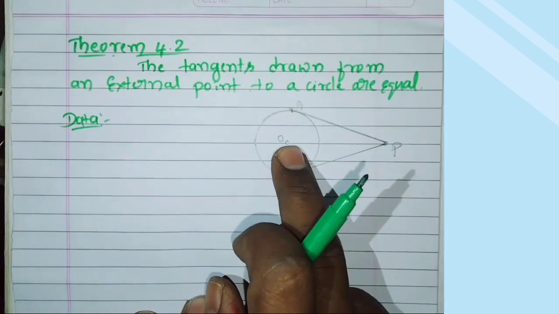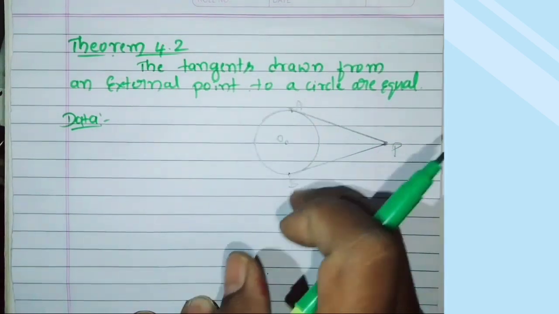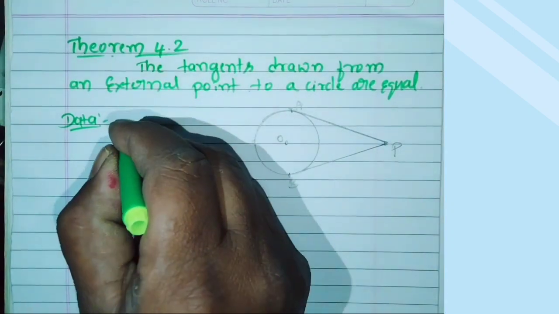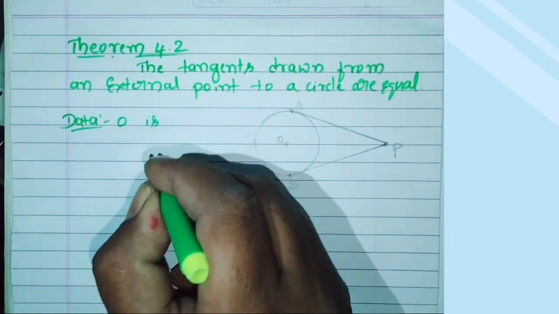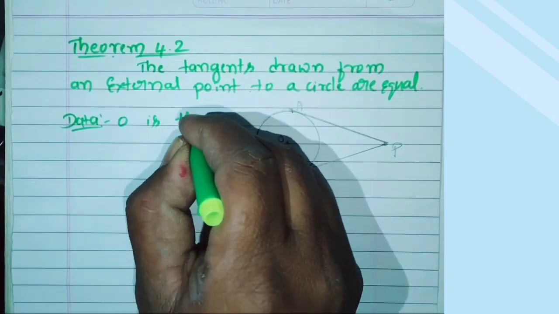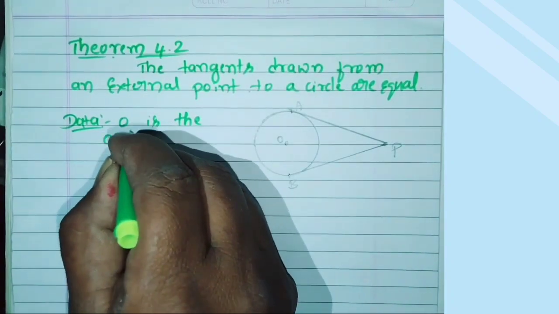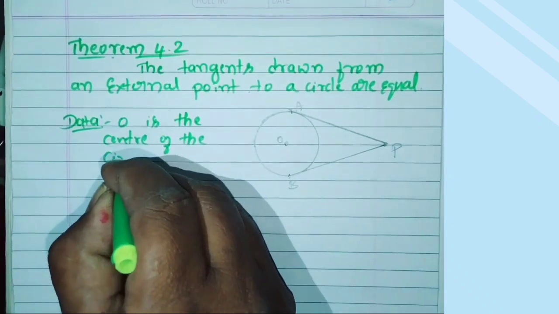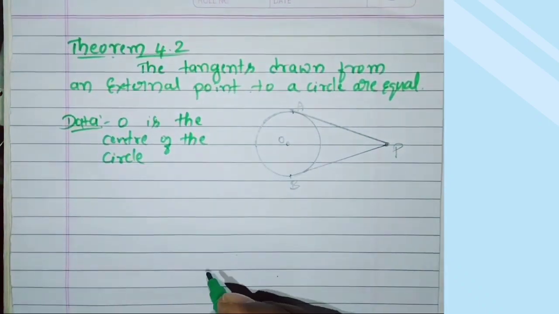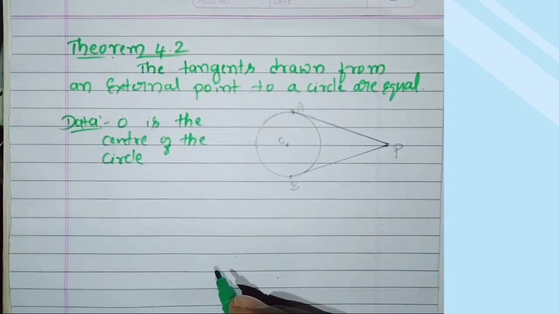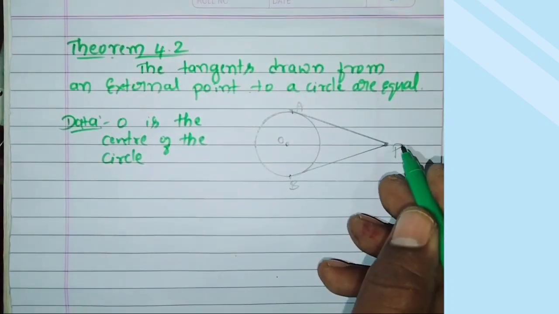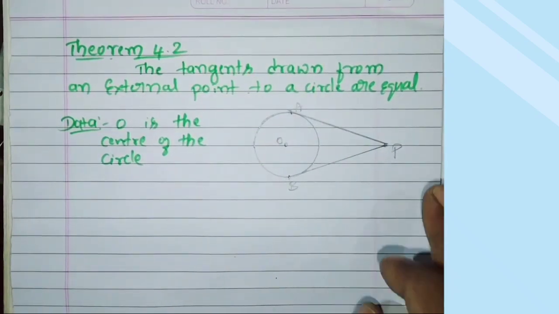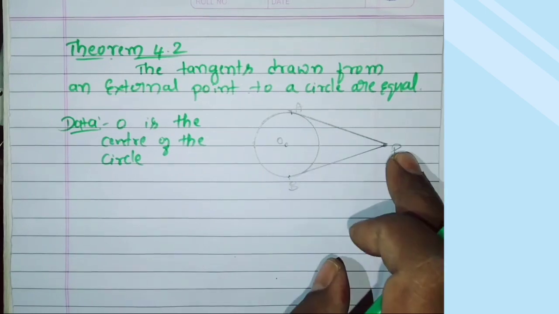First, we drew a circle with center O. Here O is the center of the circle. And what are PA and PB? PA and PB are the tangents drawn from an external point P.